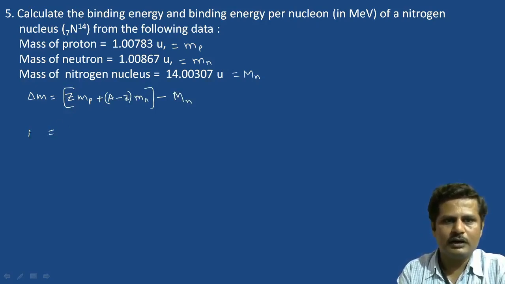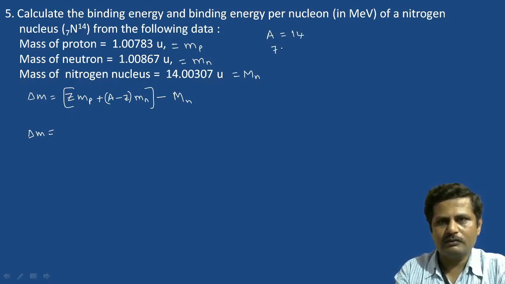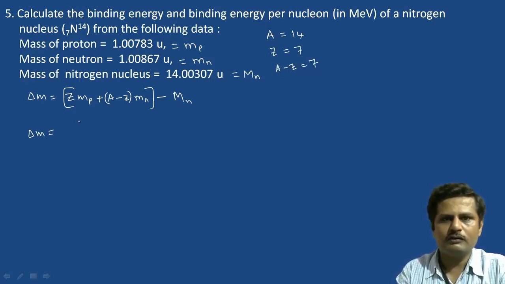That is what delta M is equal to. How much Z do we have here? We can see Z equals 7. In the nitrogen nucleus, the mass number is 14 and the atomic number is 7, so Z is equal to 7, and the number of neutrons, that is A minus Z, is equal to 7, we can see. Therefore here Z equals 7.